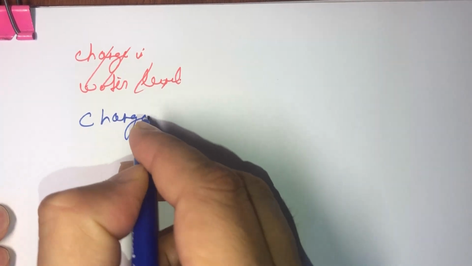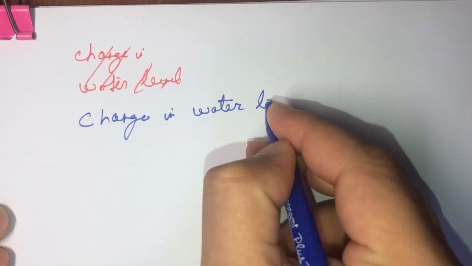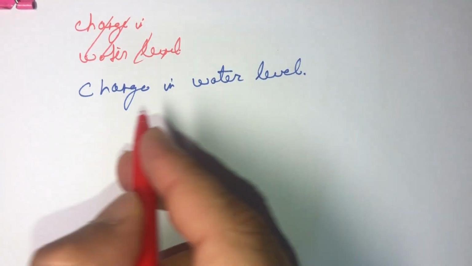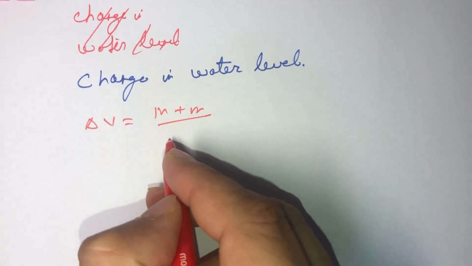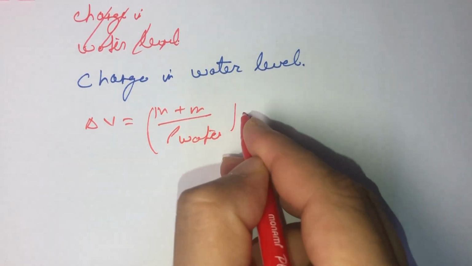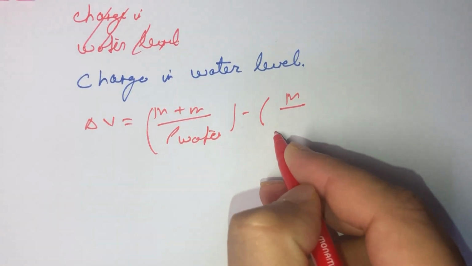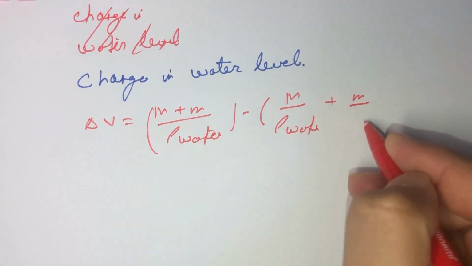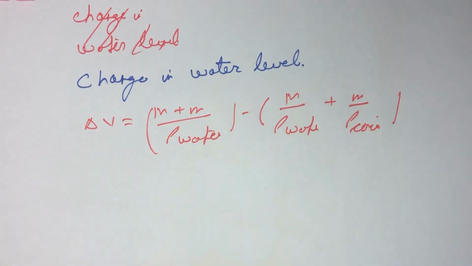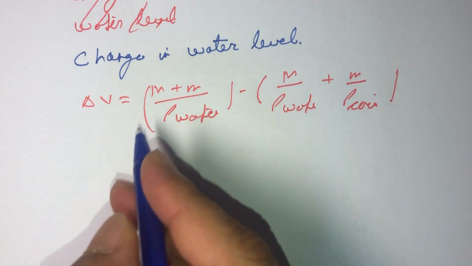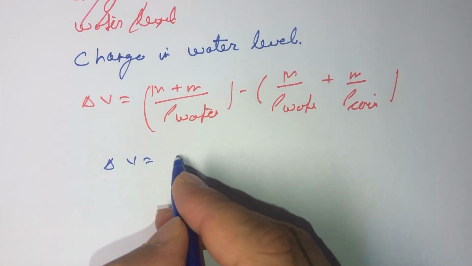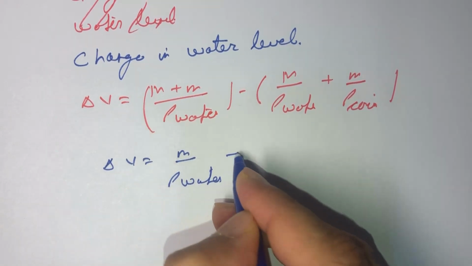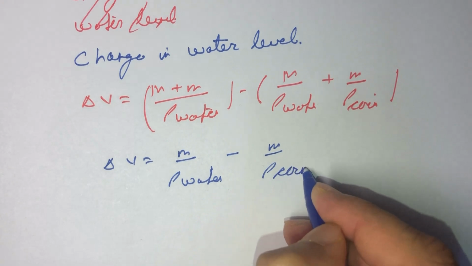So therefore we can find out the change in water level. Let me write it again. We can say our delta of V will be equal to m over density of water minus m over density of coin.